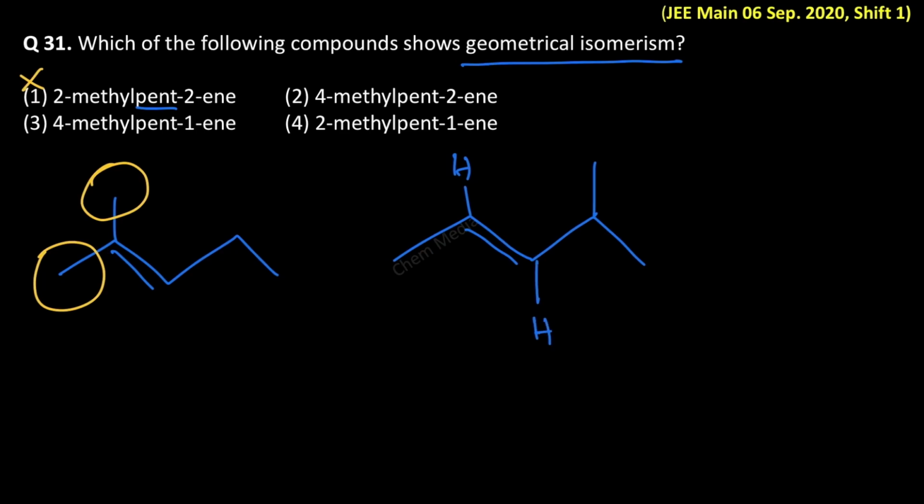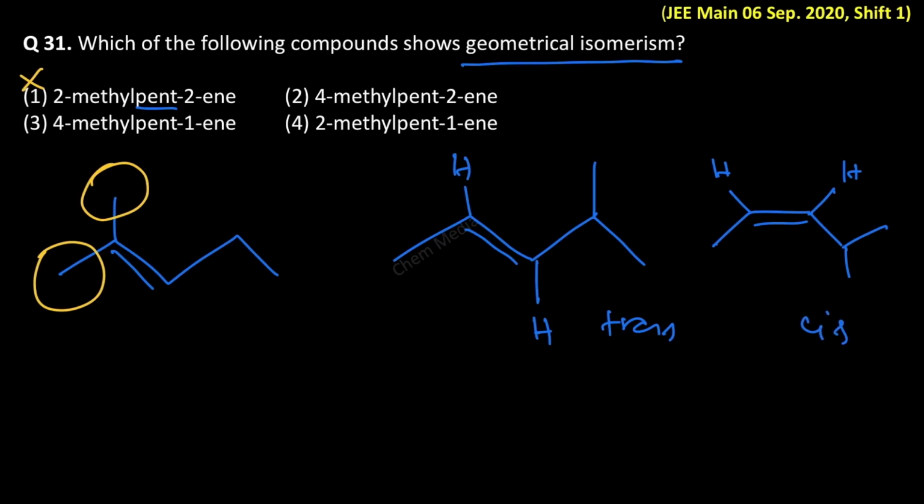Normally in bond line notation we don't show it, but right now I have written the trans isomer, isn't it? So we can also write the cis isomer for this, and that would be this way, where we have hydrogen atoms on the same side. So this is a trans one, this is a cis one as per the old nomenclature.